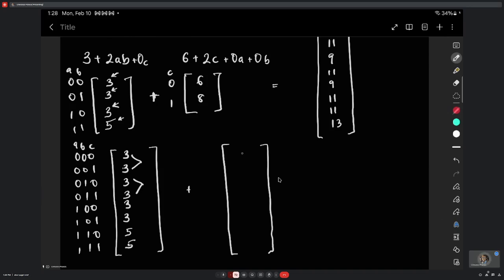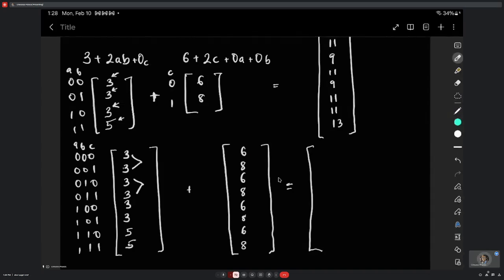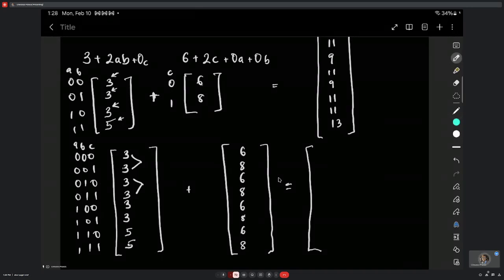6, 8. This is our chorus. Is it still remaining? No. Okay. But did we understand? Yeah. So anywhere we see where C is 0, we are going to put 6.